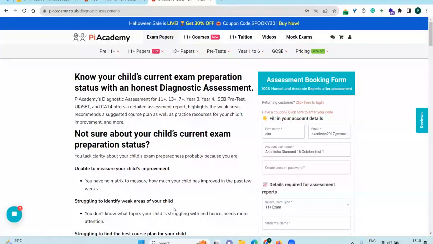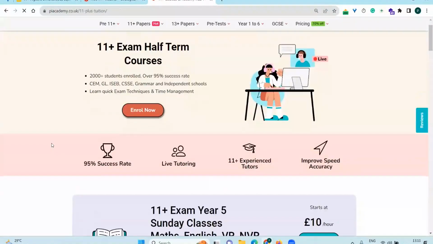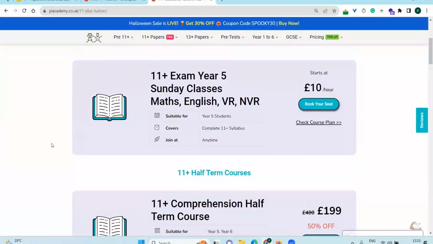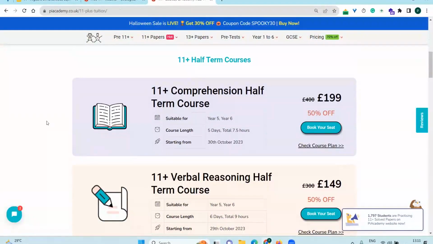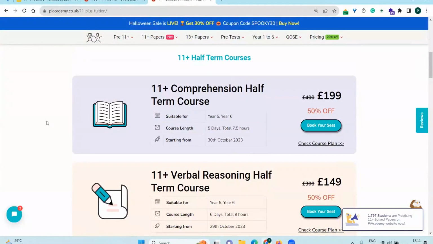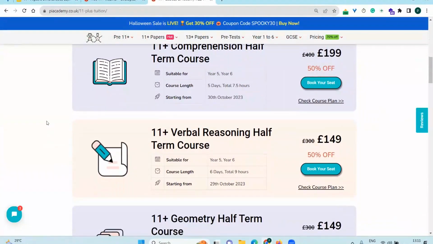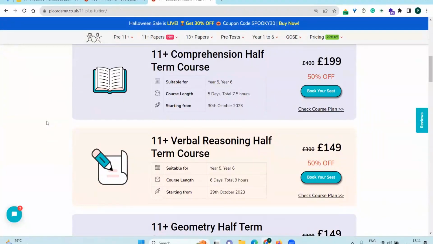Luca is asking, can the code be used for tuition? So no, Luca, the code is only for subscriptions and for our pre-recorded video courses, although the code can be used for the live 11 plus half-term courses that we are running. These are live tuitions where you would be joining the classes and taking part in them. We have the comprehension courses, which are starting from tomorrow.